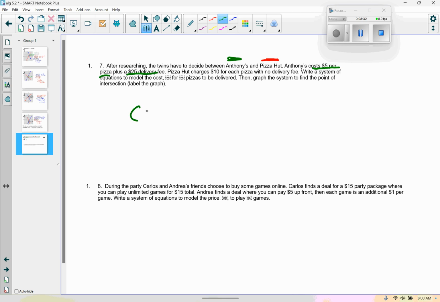So the cost for Anthony's, remember that's the same thing as y, is going to be $5 for each pizza plus the $25 fee. Sometimes it gets a little harder to graph, but it looks like they scaled the y direction by units of 5, so you can find that point pretty easily.